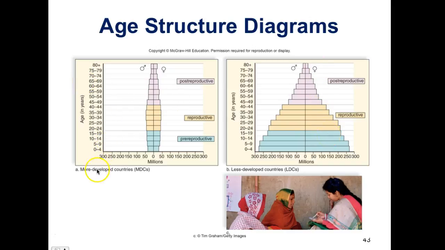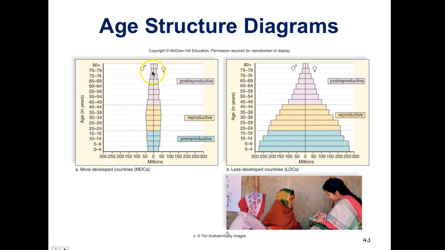In figure A, this is typical of what you would see in a more developed country. So you could see that the reproductive years start between 20 and 24 and go to about 44 to 49 years of age. Ultimately, you could see the millions of people throughout that particular time period.